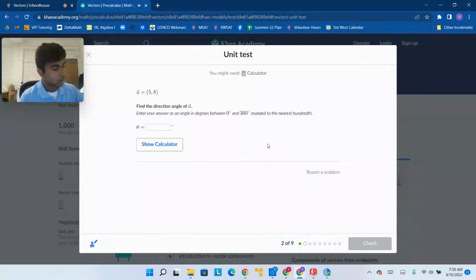All right. So the second question is the vector u equals 5, 8. Find the direction angle of u. Well, what we're going to do is we're just going to sketch this out. Okay, so we're going to draw our vector here.